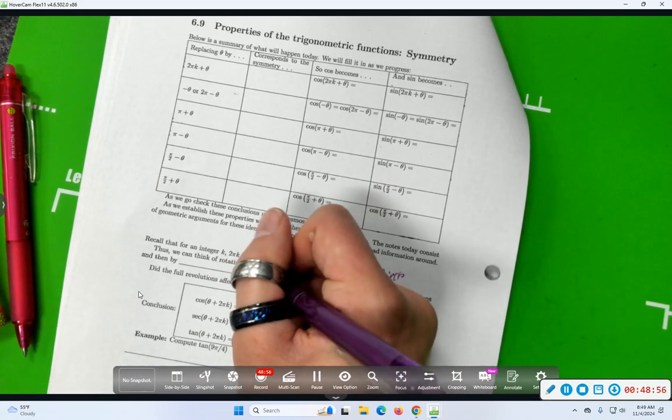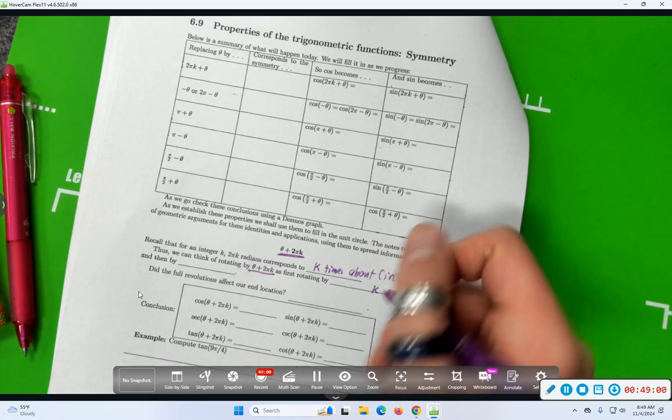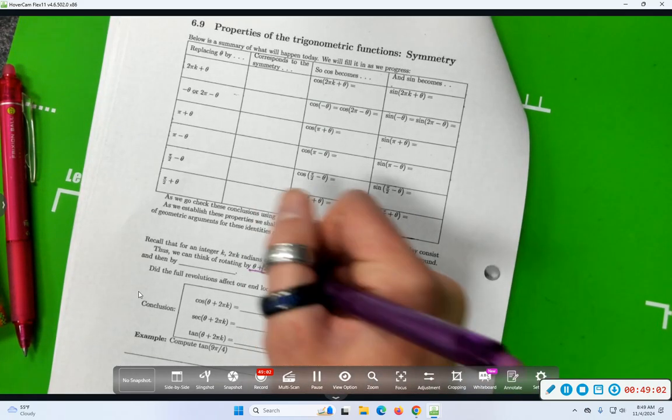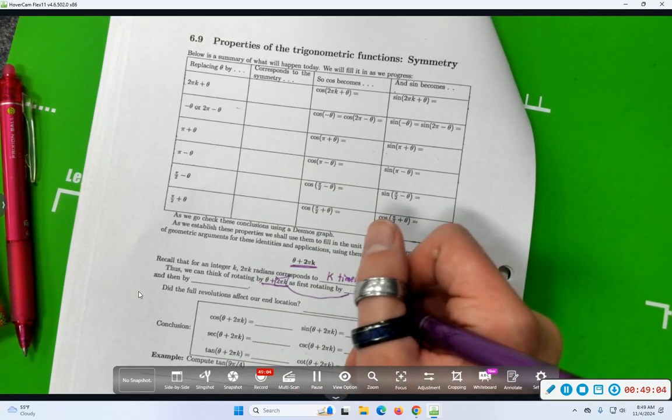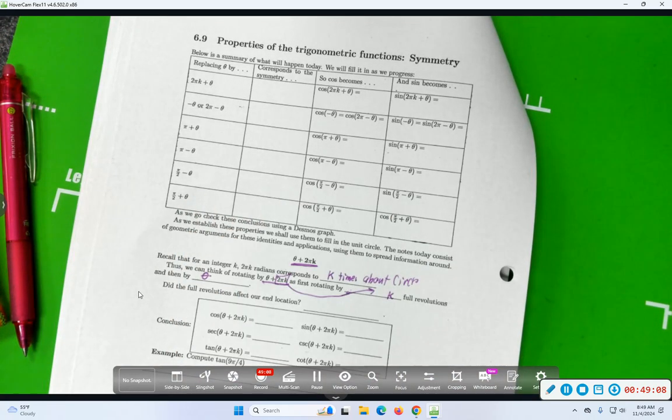So you can think of theta plus 2 pi k as first going around the circle by k full revolutions, and then an extra angle of theta.